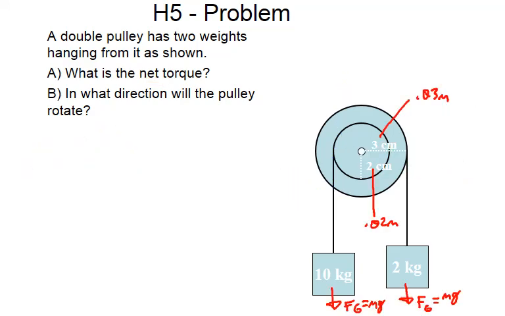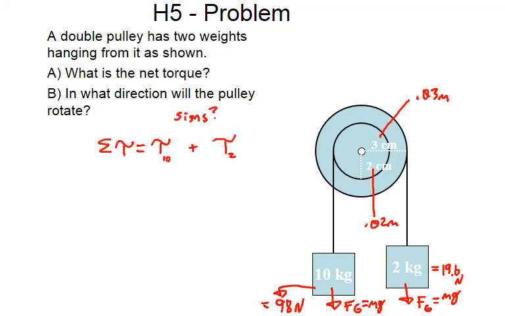Okay, so we know that the force of gravity on both of those is what the force is on that, and we've got 19.6 newtons for the 2 kilogram mass, and for the 10 kilogram mass, we've got 98 newtons pulling down on it. We add up the two torques. The torque from the 10 kilogram mass is positive.